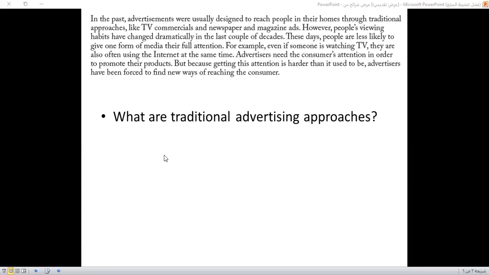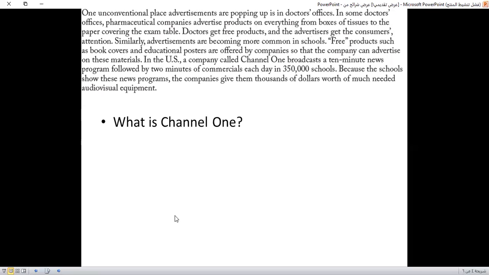Okay, now let's move on. If you have your answer, you can write your answer in the chat. One unconventional place advertisements are popping up is in doctors' offices. In some doctors' offices, pharmaceutical companies advertise products on everything from boxes of tissues to the paper covering the exam table. Doctors get free products, and the advertisers get the consumer's attention.